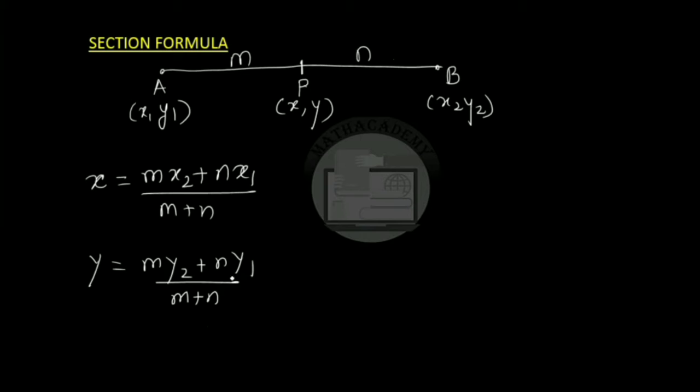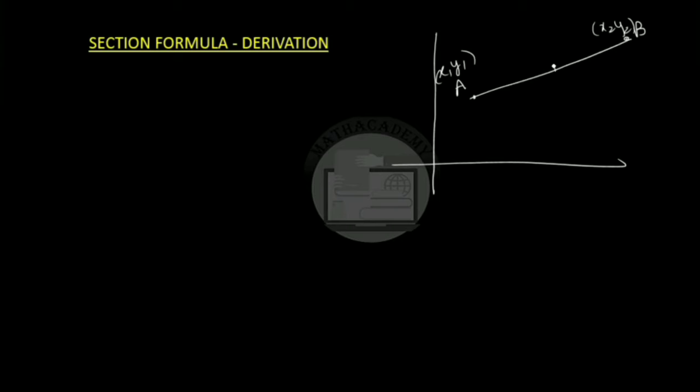Now let us try to derive this formula. So let us draw the coordinate axis. We have a point A, point B, the coordinates x1, y1, x2, y2. There is a point P, the coordinates are x, y, and it divides it in the ratio m is to n.